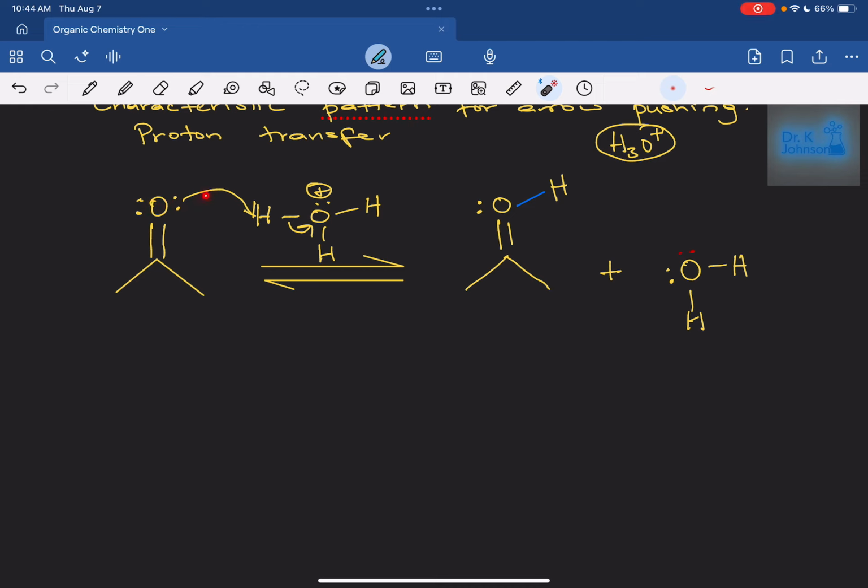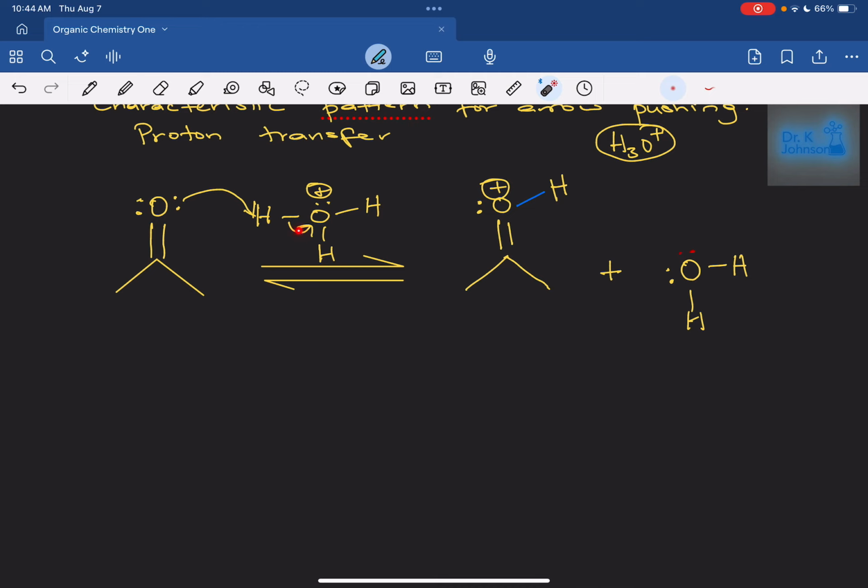When we make this bond, which is our nice blue bond over here, our lone pairs are now being shared between the oxygen and the hydrogen. So oxygen no longer has all the negativity to itself. It's now being shared with hydrogen. So if I have less negativity on this oxygen, the charge here is going to be positive. That's how you reason that out.